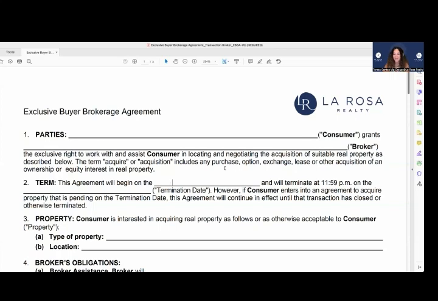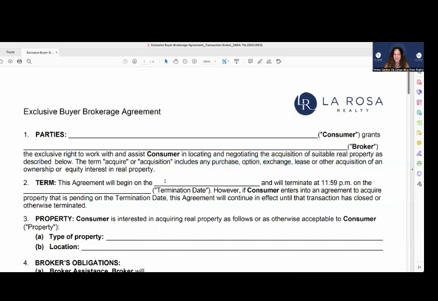What does that mean? That this will cover a purchase, right? If you're helping your buyer buy, if you're helping your buyer with an option to lease or an option to buy, if you're helping them with an exchange of some sort, and also if you're helping them with a lease. So it covers you on all ends, okay?